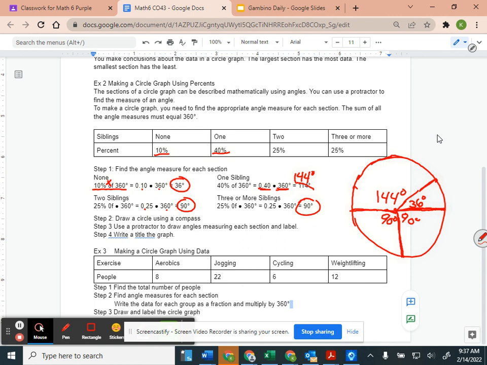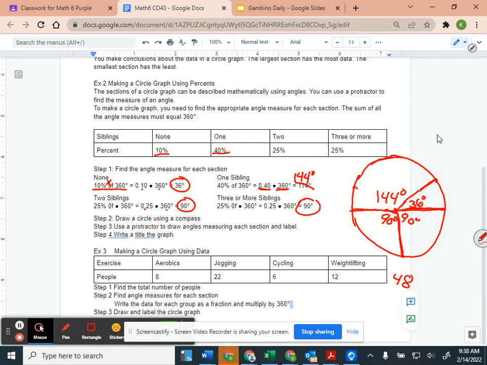How many people were there all together? We have 8, 22, 6, and 12. How many people is that? 8 plus 22 is 30. 30 plus 6 is 36. 36 plus 12 gives me 48. So there are 48 people all together.